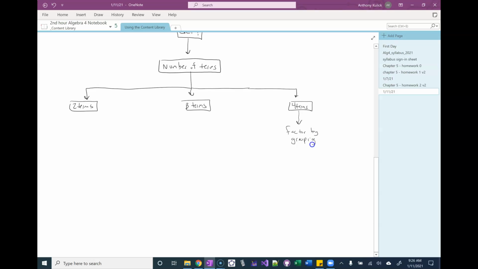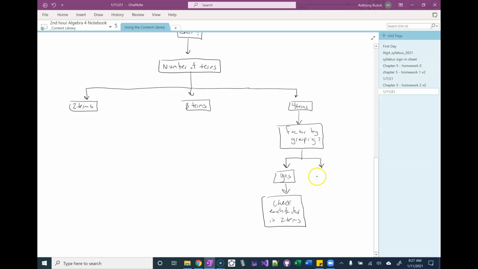So for the 4-term polynomial, the first thing we're going to do is check to see if it's factorable by grouping. If it is, we're going to factor by grouping, and then we have to check each factor in the two terms branch.